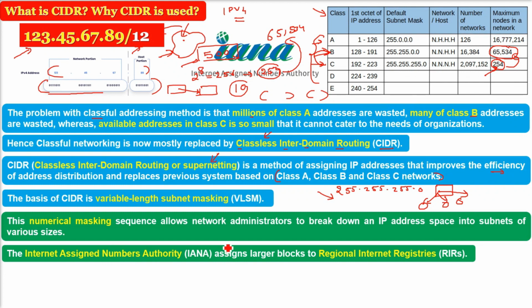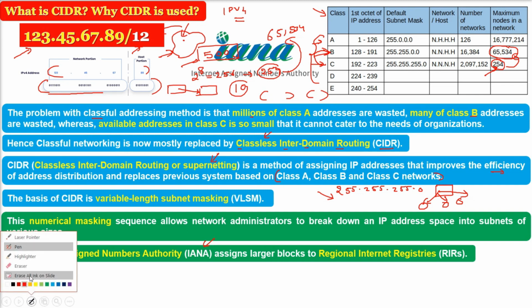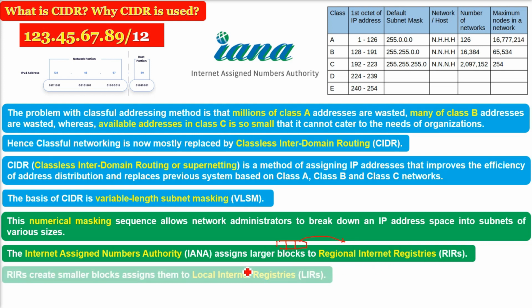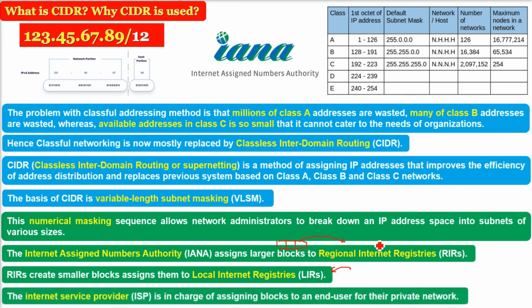So the authority is the Internet Assigned Numbers Authority, also called IANA. IANA assigns the larger blocks to the RIRs, the Regional Internet Registries. In turn, the RIRs create smaller blocks and assign them to LIRs, local internet registries.